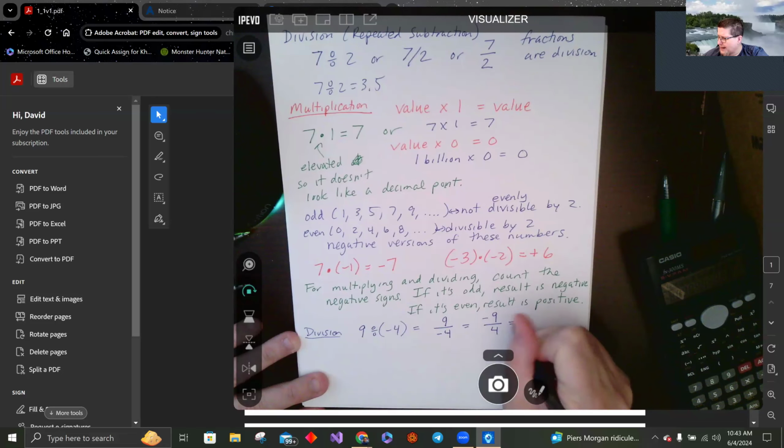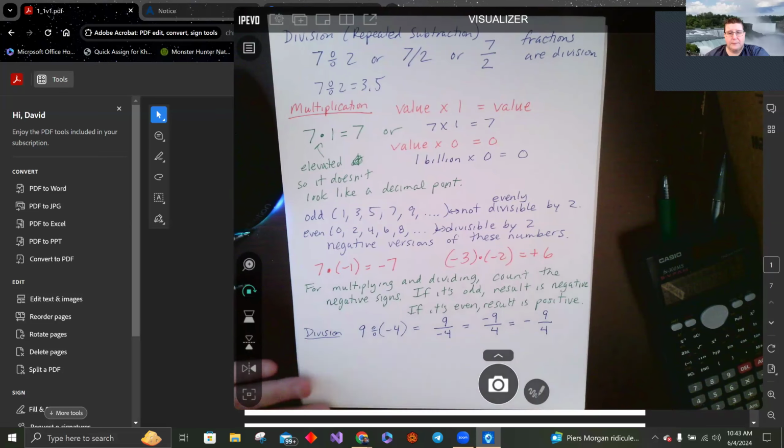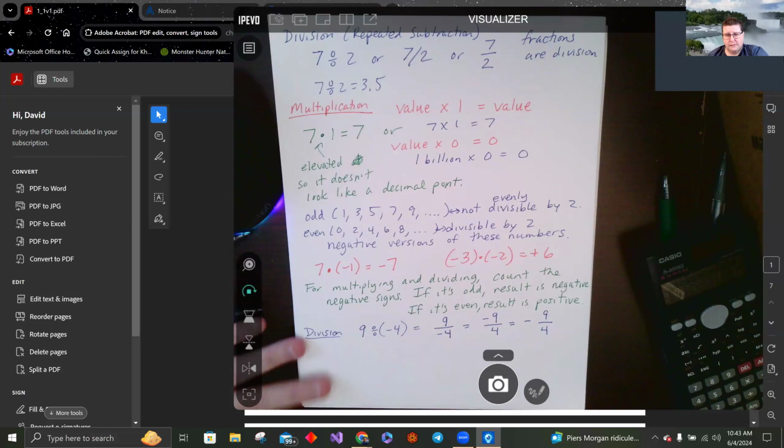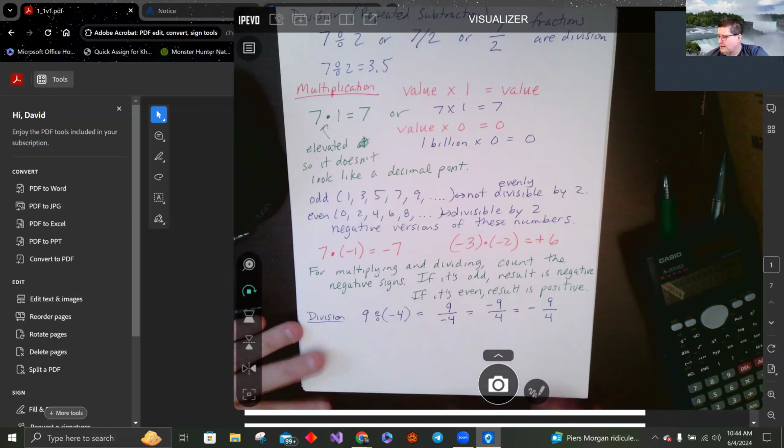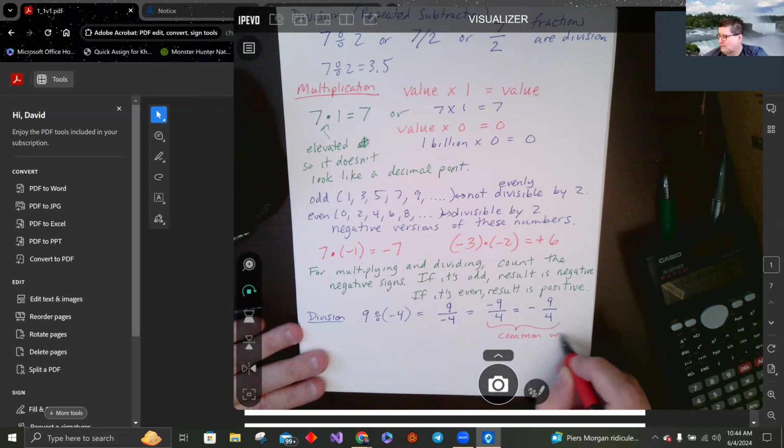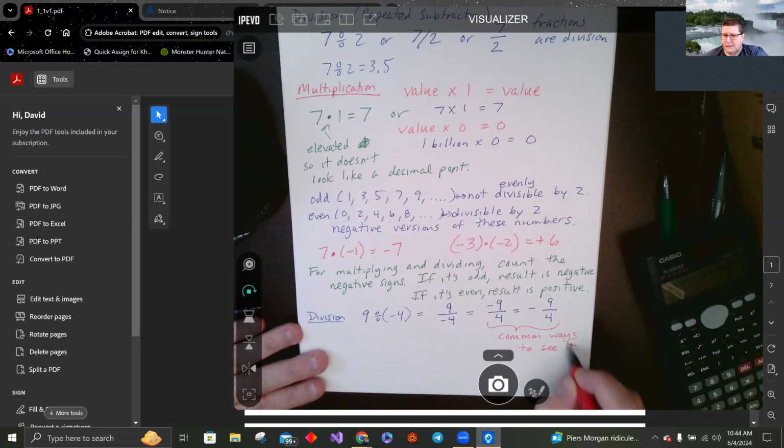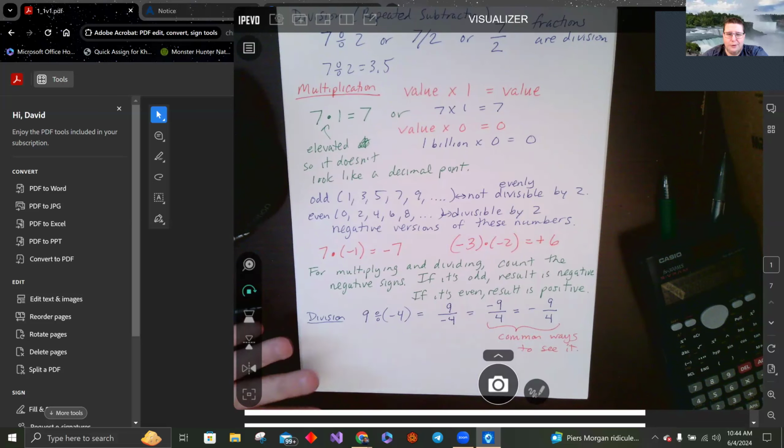Or I can put the negative out front. These are the most common ways of seeing it. Leaving the negative on the bottom is like a noob move. Don't be a noob.